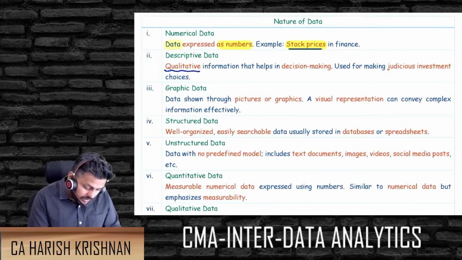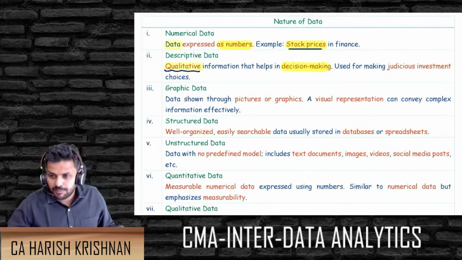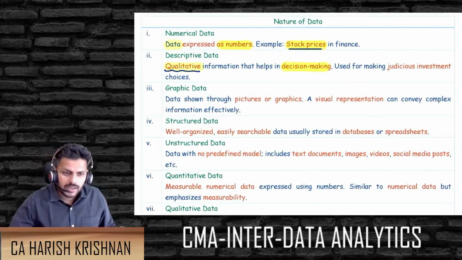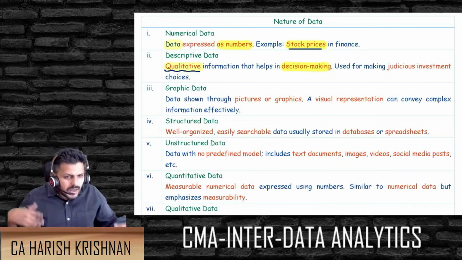Qualitative information that is used in decision making is called descriptive data. You are talking about any place, or any other area, or anything. So basically that will be something to do with the content orientation.